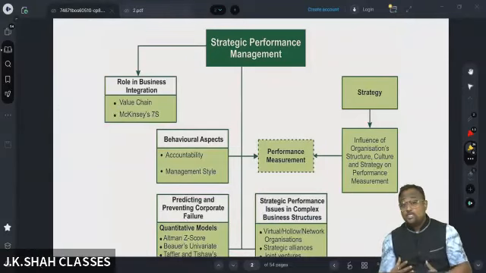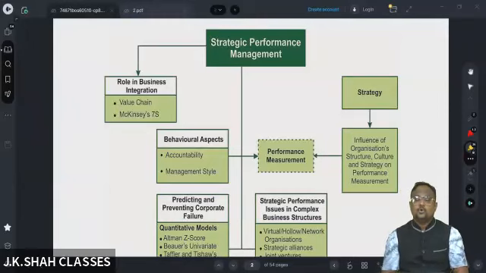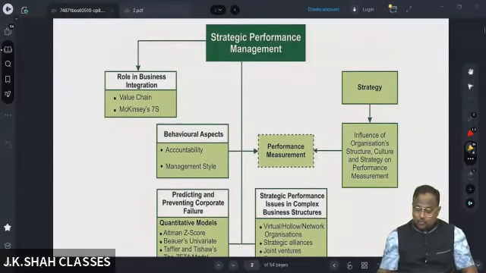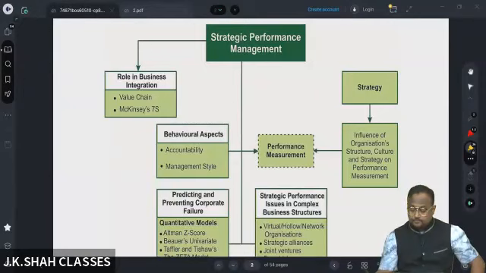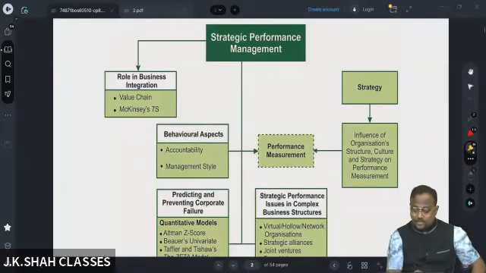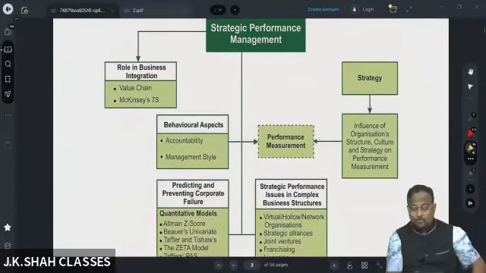So it's not only the profit, it is the overall perspective or overall goals which we need to achieve. So we have certain different measures of performance evaluation. We will study all those measures one by one.